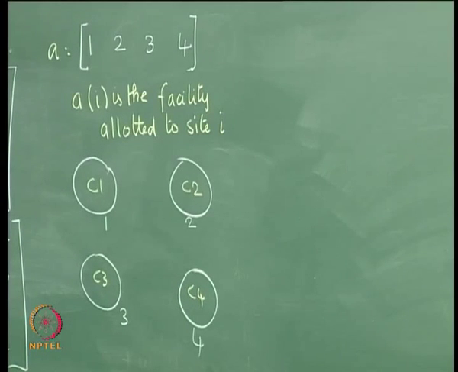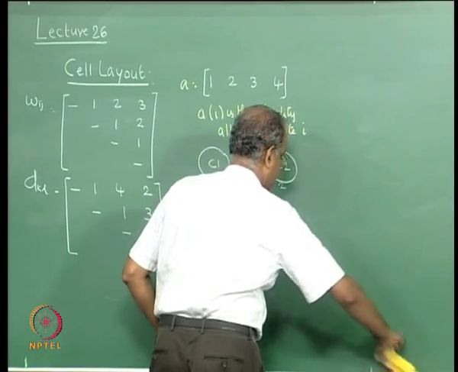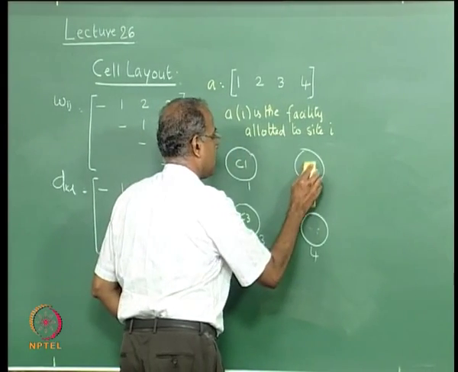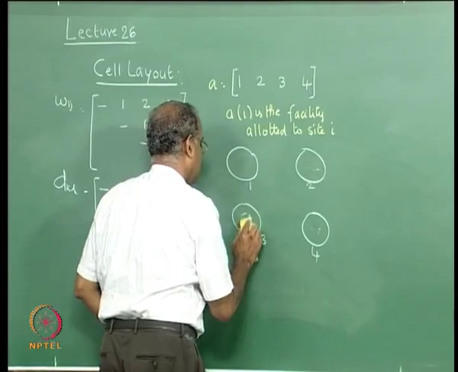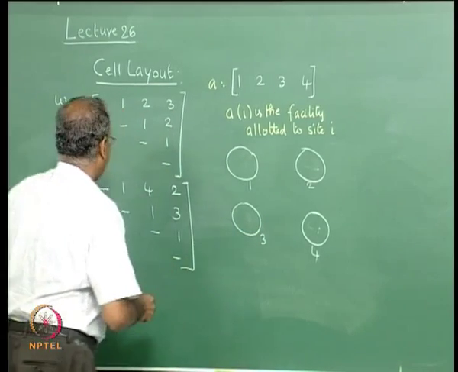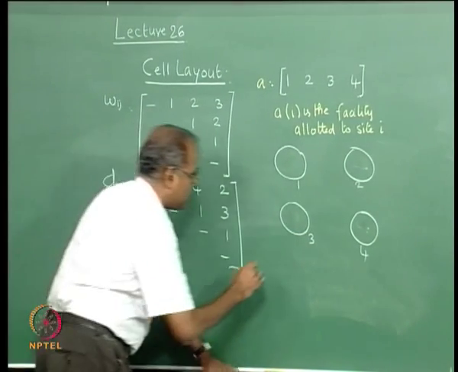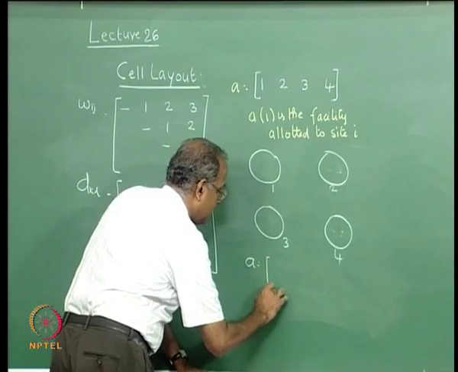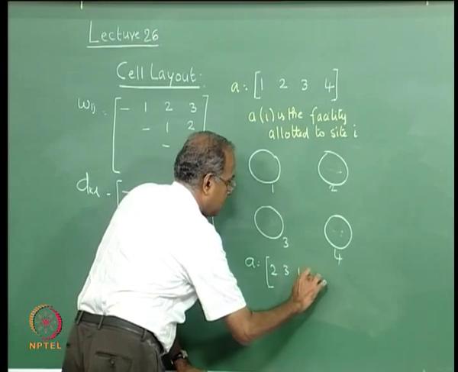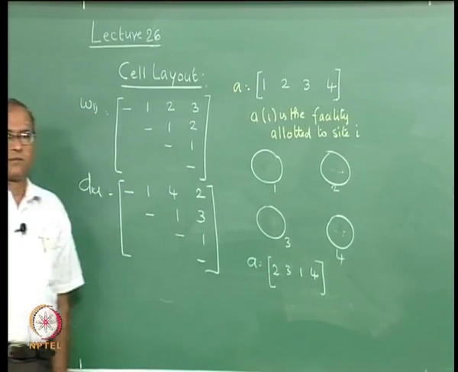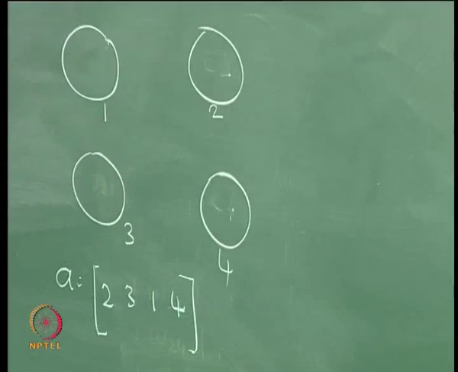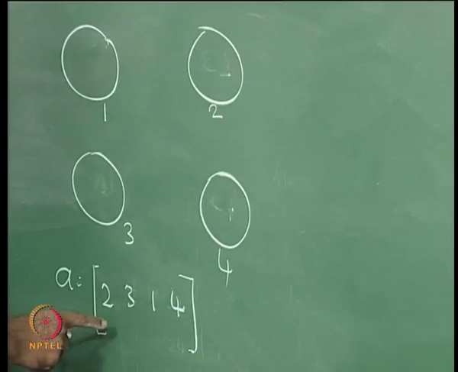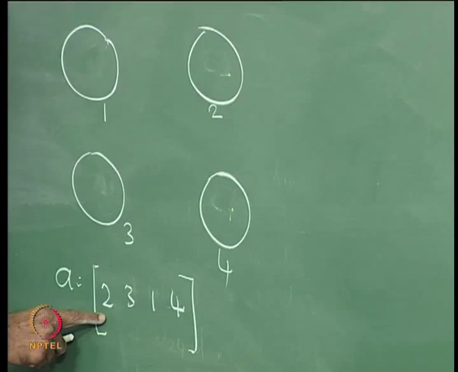So, this is clear, but if we have a solution A equal to 2, 3, 1, 4, then the facility allotted to site 1 is 2.